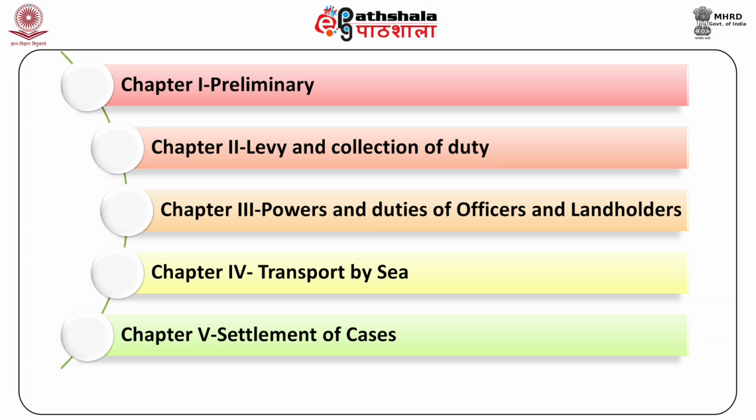Chapter 2, Levy and collection of duty. Duties specified in the Schedule to the Central Excise and Salt Act 1985 to be levied, Section 3. Valuation procedure for purposes of charging duty of excise, Sections 4, 5 and 5A.